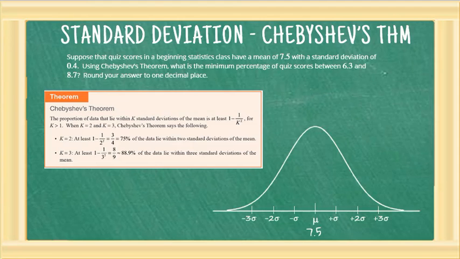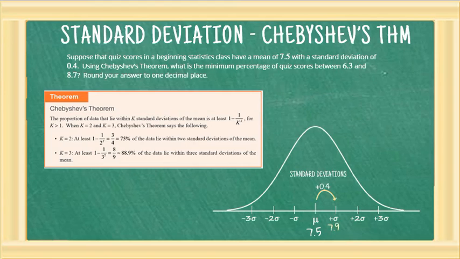Okay, with that said, here's a problem from the book or from your homework. Suppose quiz scores have a mean of 7.5, which I drew in there, and a standard deviation of 0.4. What does that mean? In each direction, it's moving in increments of 0.4. One deviation is up 0.4 to 7.9.